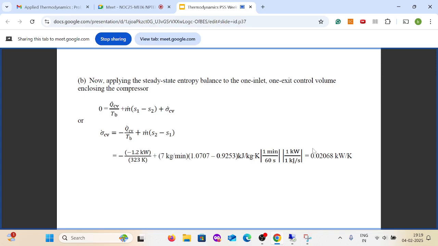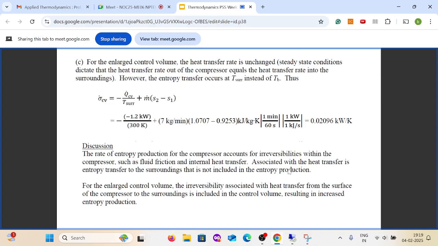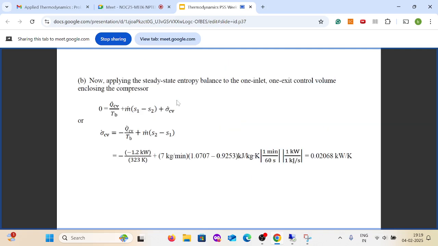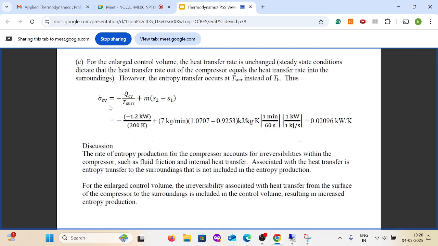That comes out to be 0.02068 kilowatt per Kelvin. Now since we are taking into account the enlarged surrounding volume, your surrounding temperature is 300 Kelvin instead of 323. In that case, entropy generated is 0.02096 kilowatt per Kelvin.